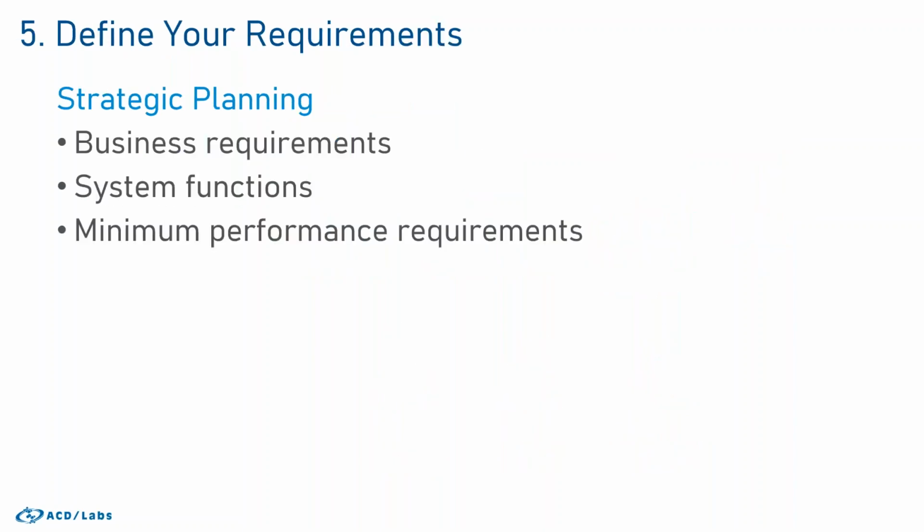And define your requirements. Obviously, you need to have a business process map that will describe your entire data flow. Included in this should be user stories. How is the end user actually interacting with the data? What are they doing with it? What are the systems that they're interacting with? That will describe the system functions. But also keep in mind, when you're defining your requirements, the minimum performance that the system should provide.